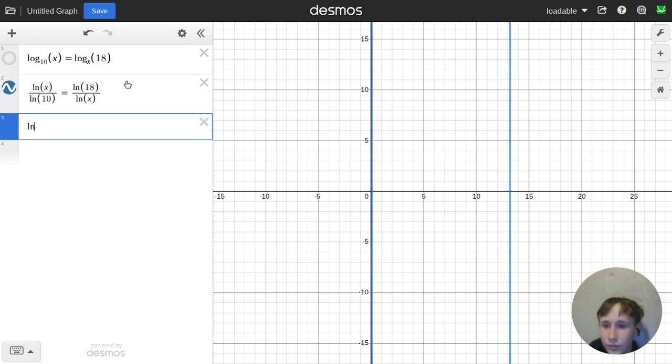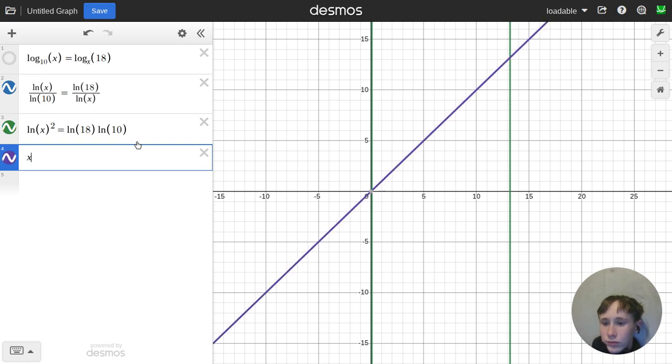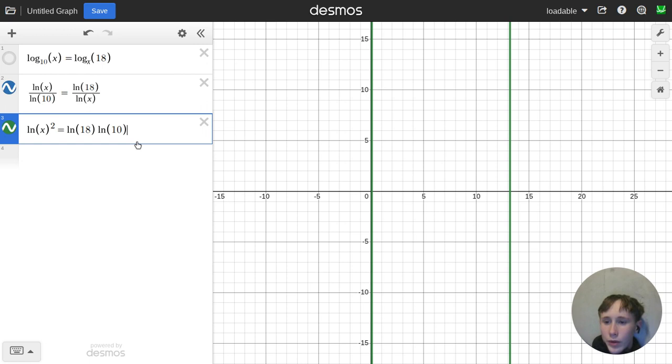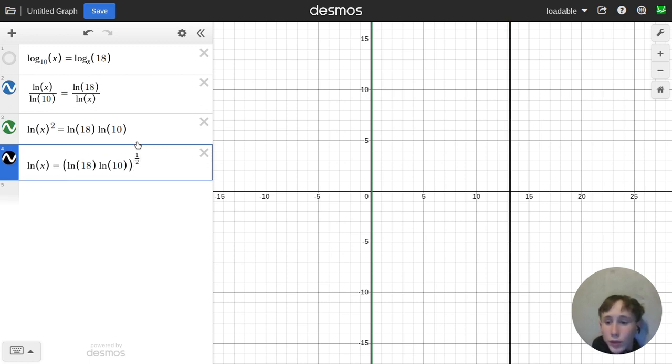So that would mean x squared is log natural 18 times log natural 10. Then we get the square root of that, to the 1/2, so that means essentially the square root. So x equals e to the this.